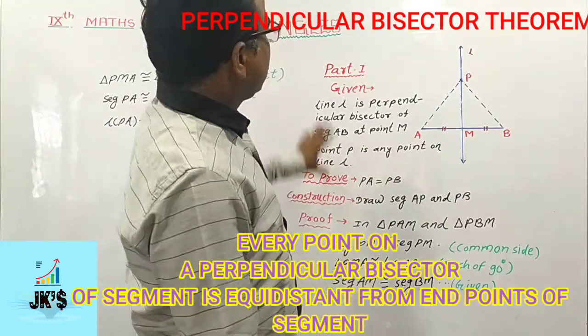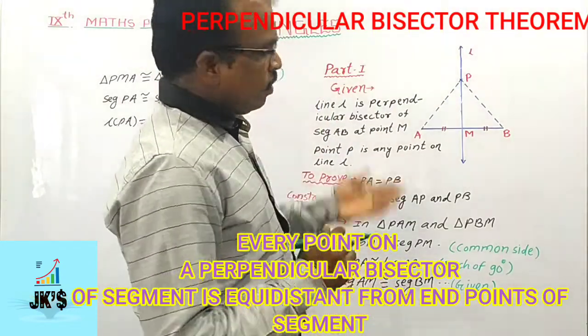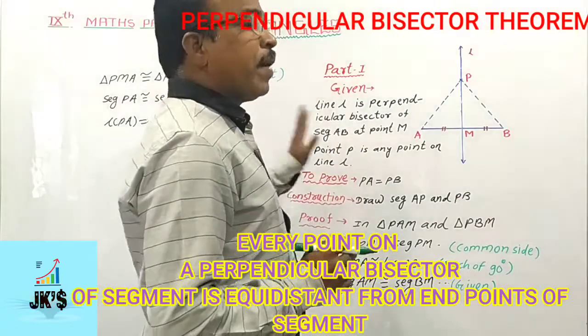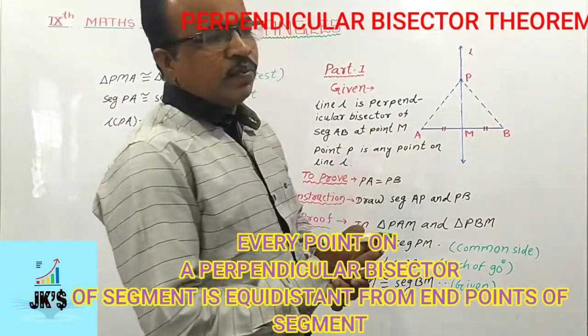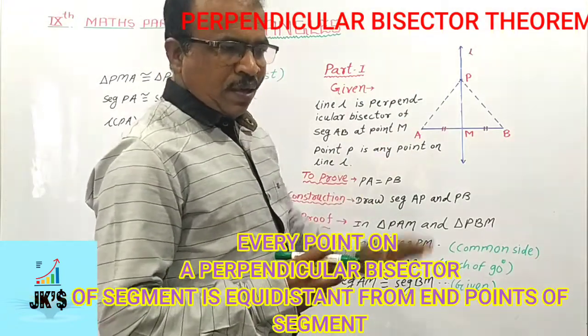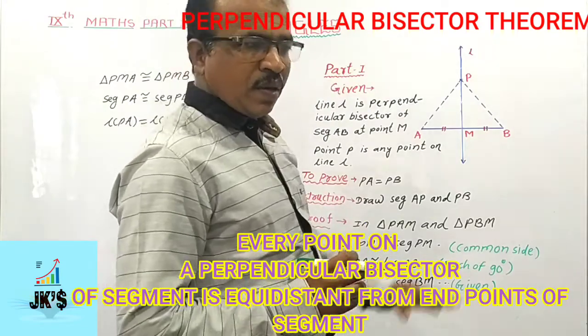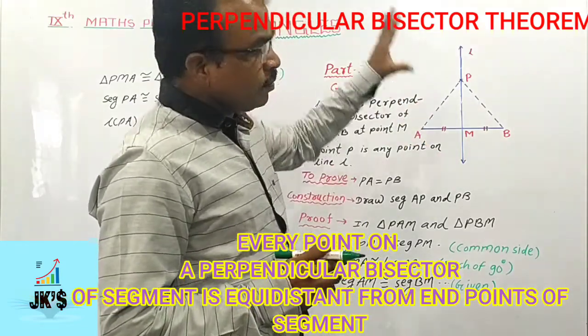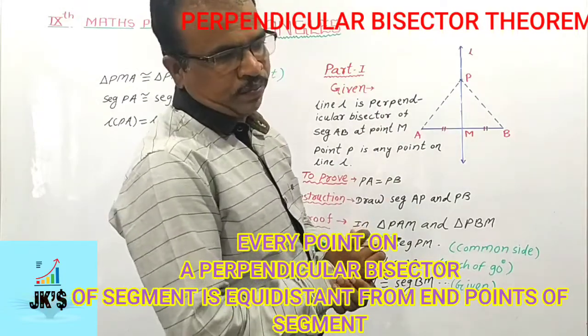Friends, this theorem is given into two parts, part 1 and part 2. This is similar to the other theorems. When we see the other theorems, original theorem is given and converse of it also given.